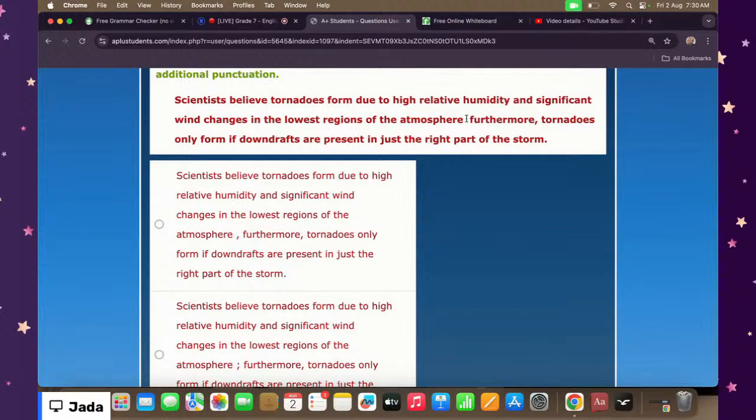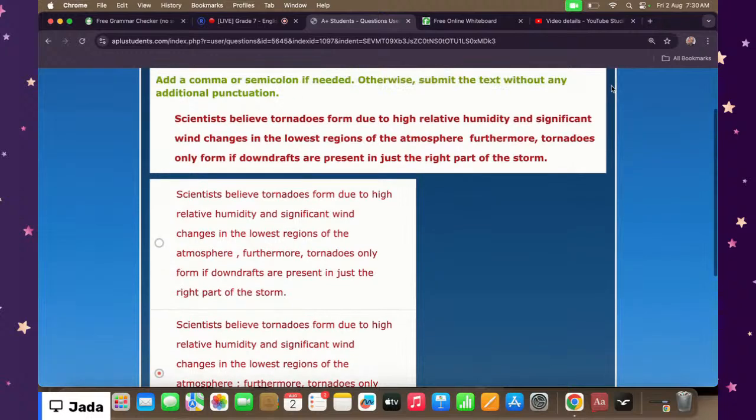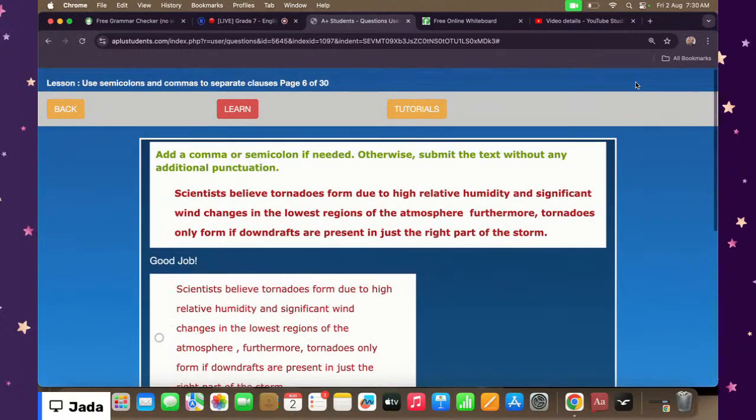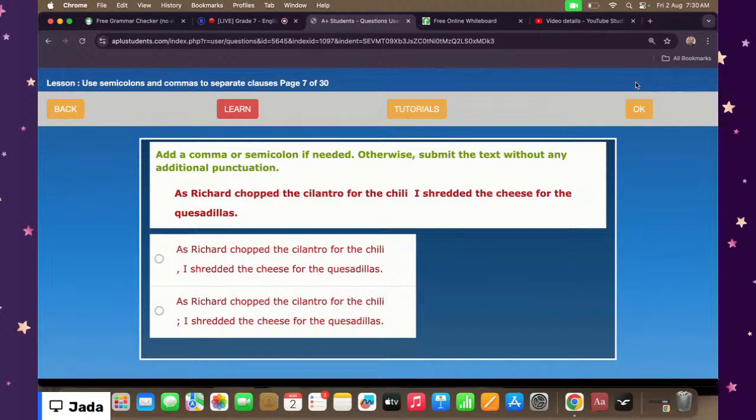Okay, so we will click on the one with the semicolon. As Richard chopped the cilantro for the chili, I shredded the cheese for the quinceañeras. Now, what is supposed to be here?